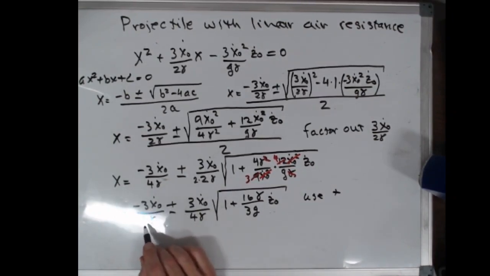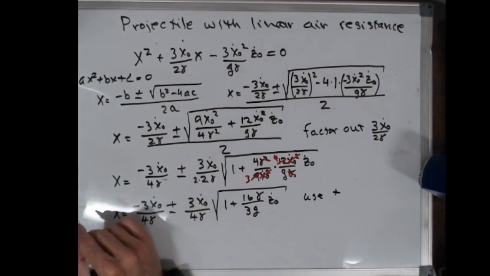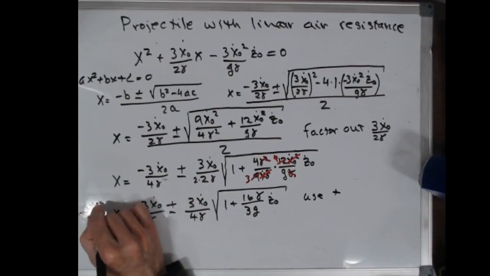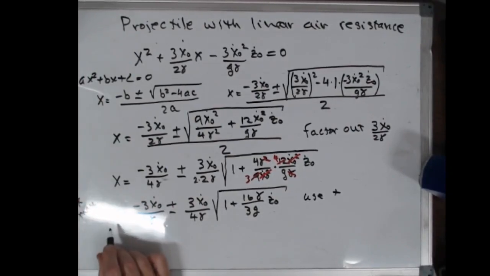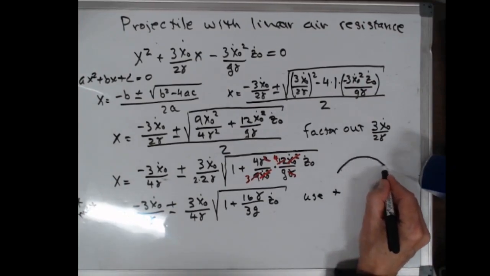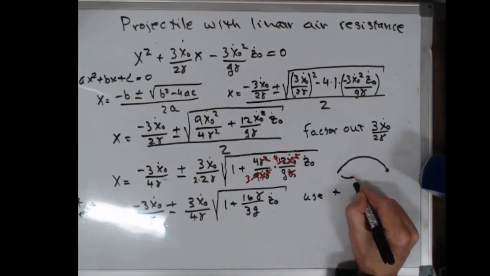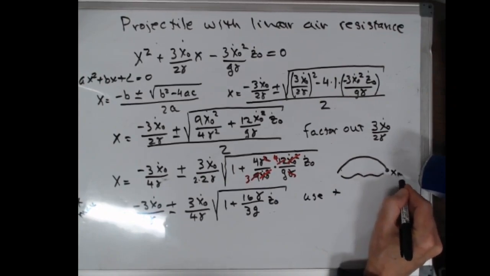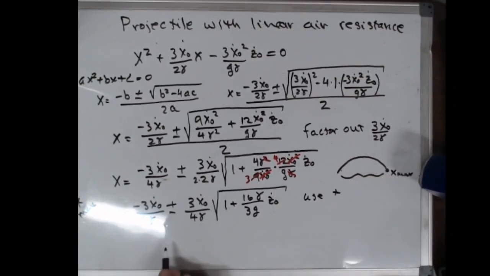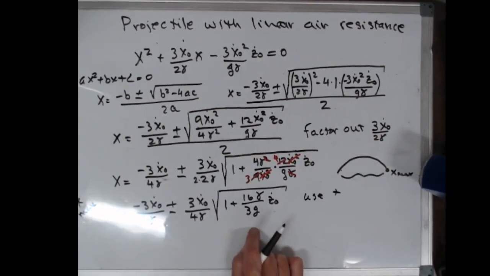My initial velocity is positive, my gammas are positive, and I want the x max. It's what I want. I want the largest value of x. Remember, we're calculating the position of the end of the trajectory, the range. And so x max is over here, and so I want the big one, so I'm choosing the positive root. And so I have to do an expansion on this guy.